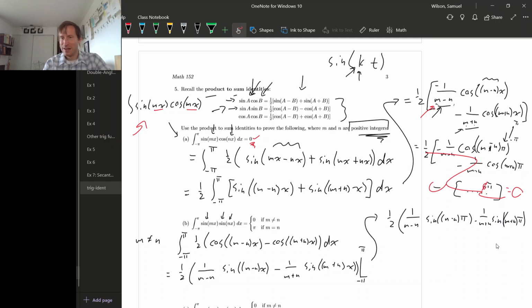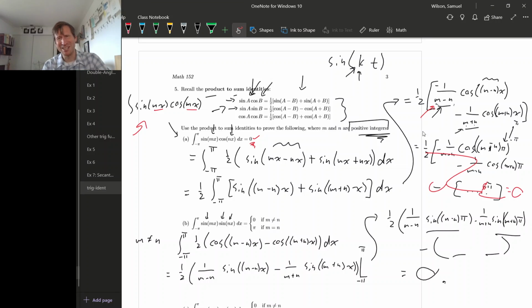Okay. And the thing about sine, right? We're going to get something very similar in this second set of parentheses, but the thing about sine is at every integer multiple of pi, sine produces 0. So every piece in this whole thing gives us 0. So we get 0, and we're done.